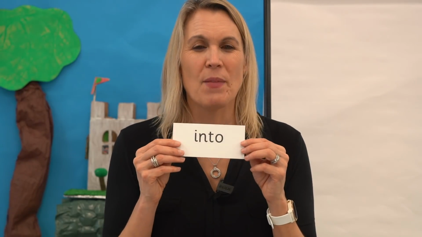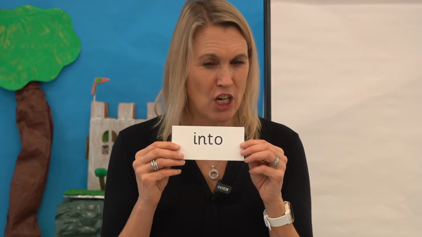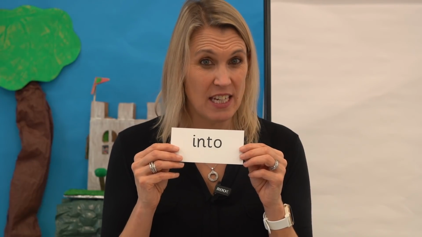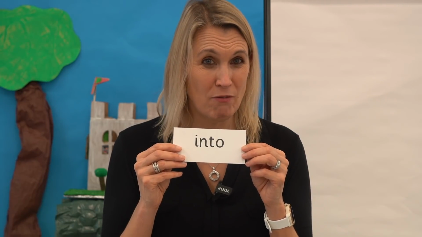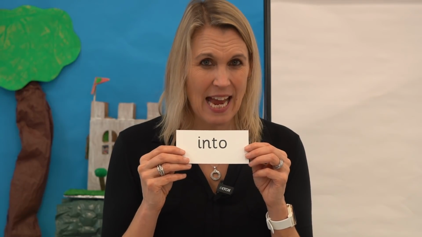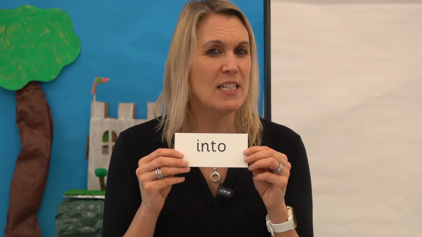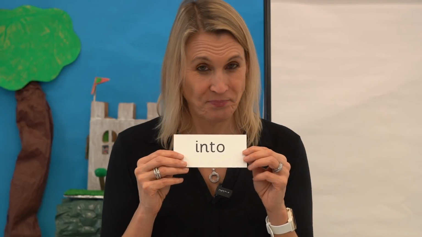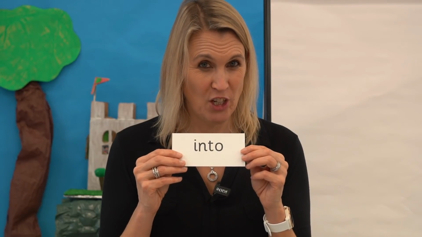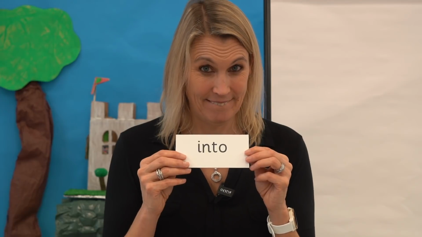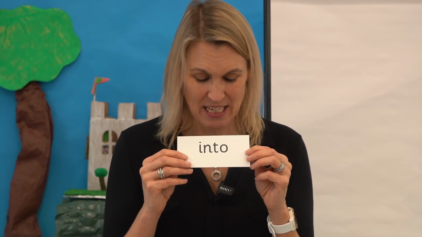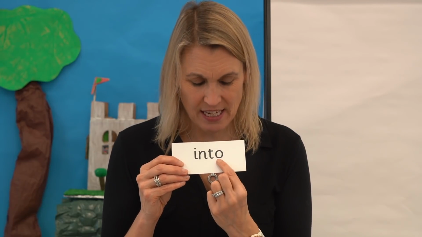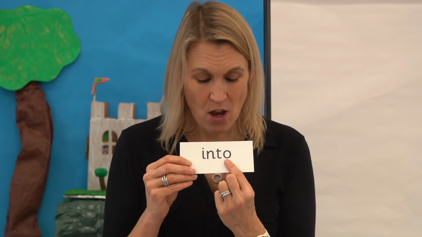Let's try another one. Have a look at this one. You know how to read this tricky word. We've read it before. Can you remember why this word is tricky? You got it? Yes, it's tricky because this says ooh.